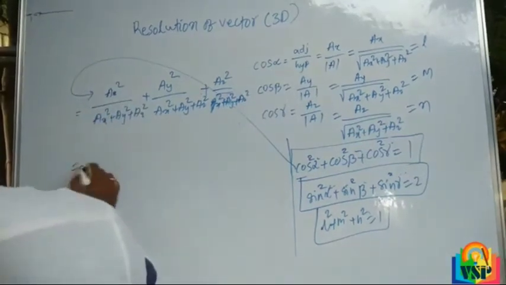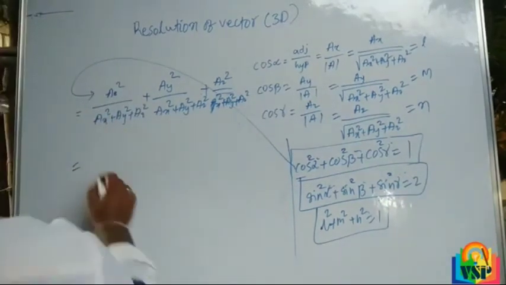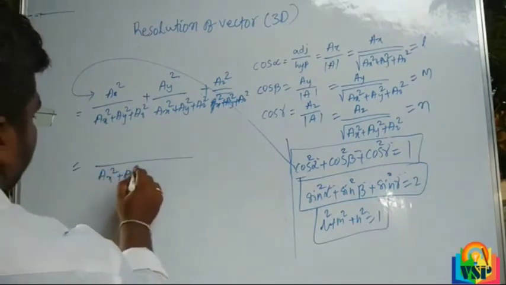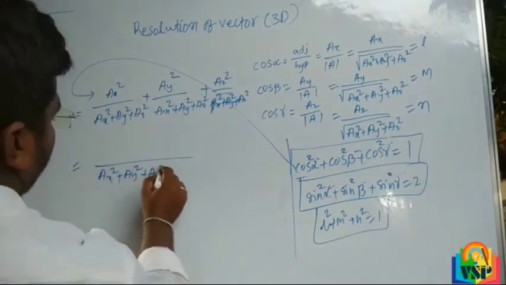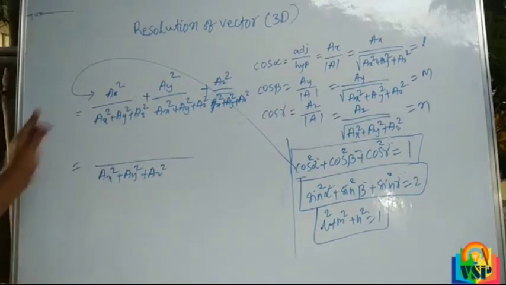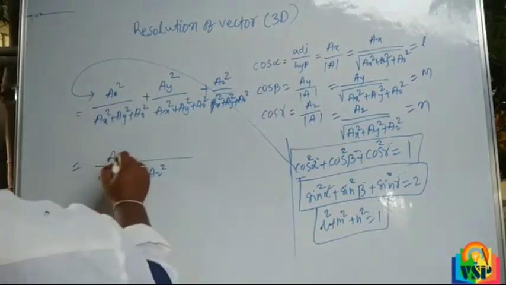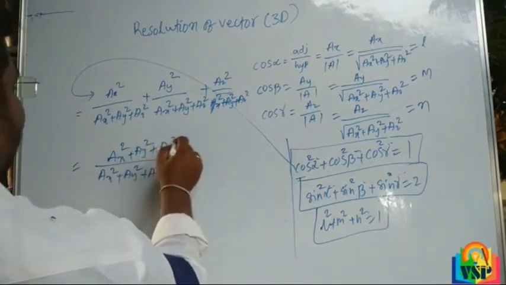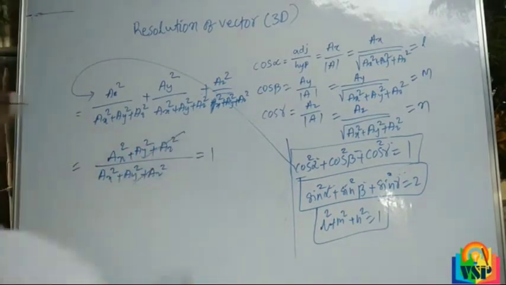The denominator is the same. Adding the numerators, ax square plus ay square plus az square, both get cancelled, equal to 1.